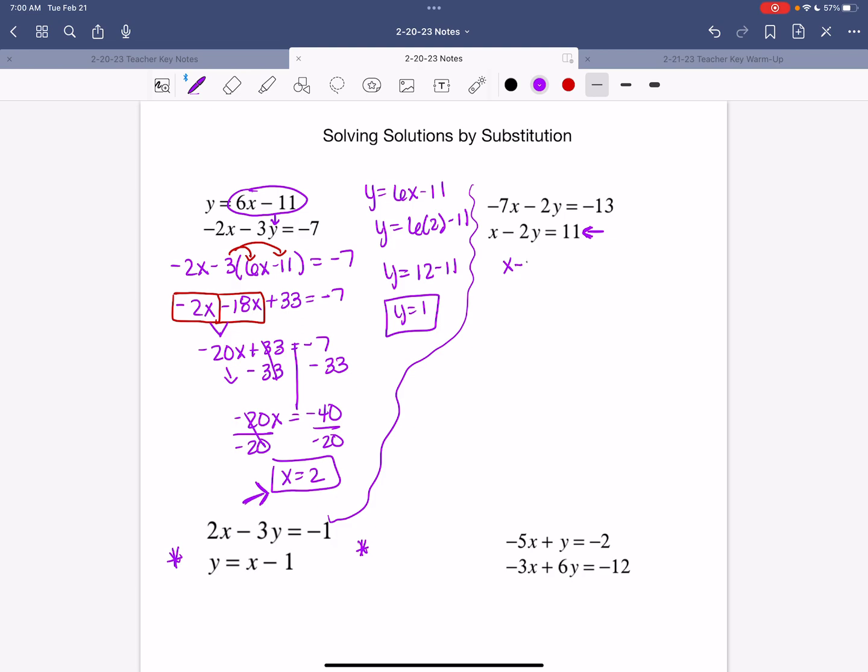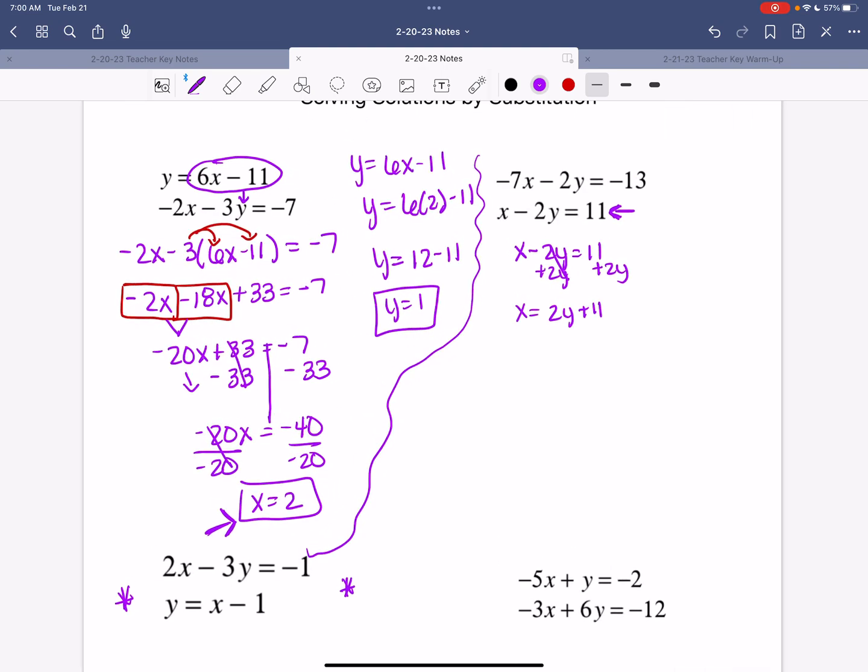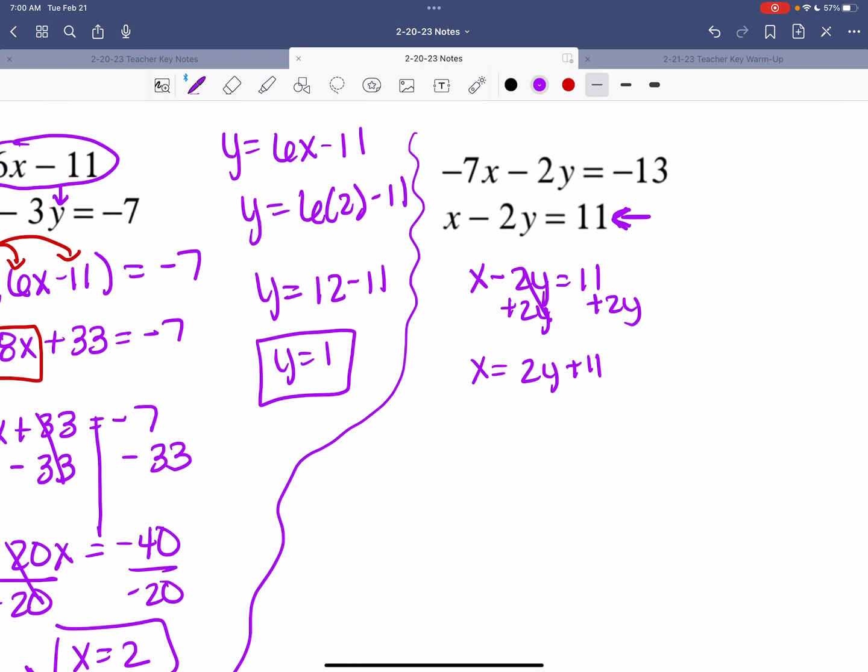Because I have x minus 2y is equal to 11. If I want to get x by itself, all I have to do is add 2y. So now I have x is equal to 2y plus 11. Now that I have that, I can substitute it into this x right here.